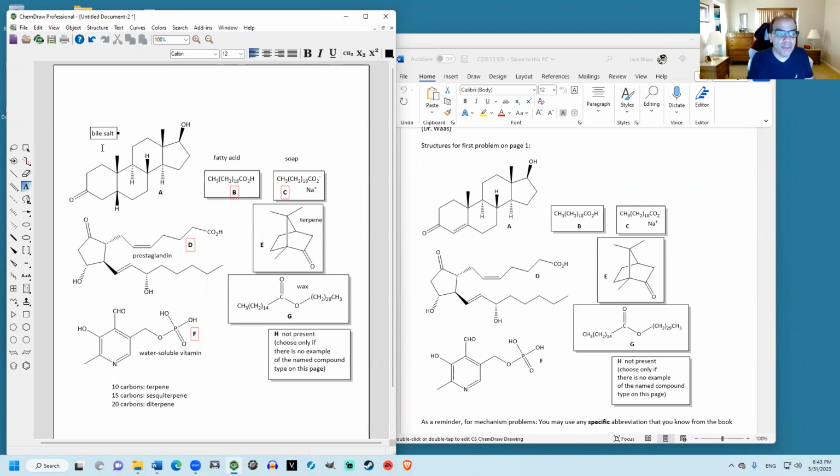So that's how you tell the difference. You look between the first two rings, and if it's cis, it's a bile salt. If it's not cis, it's not a bile salt. Probably a steroid hormone of some kind. Could be cholesterol, but steroid hormone will do. So that's how you tell the difference.